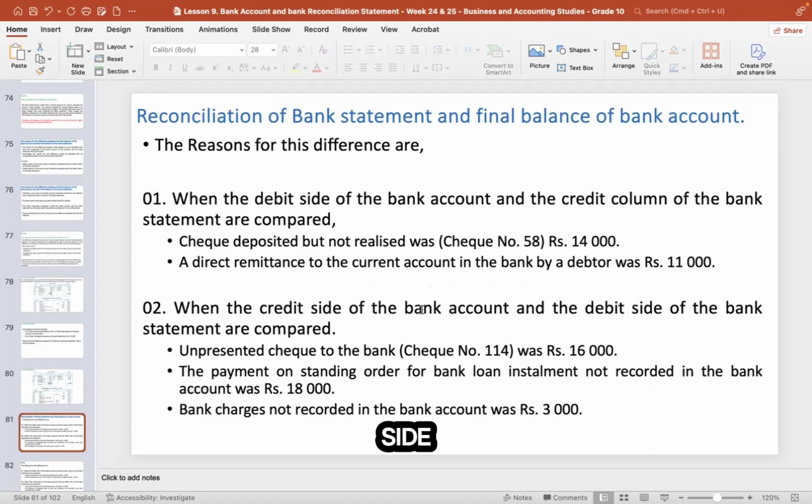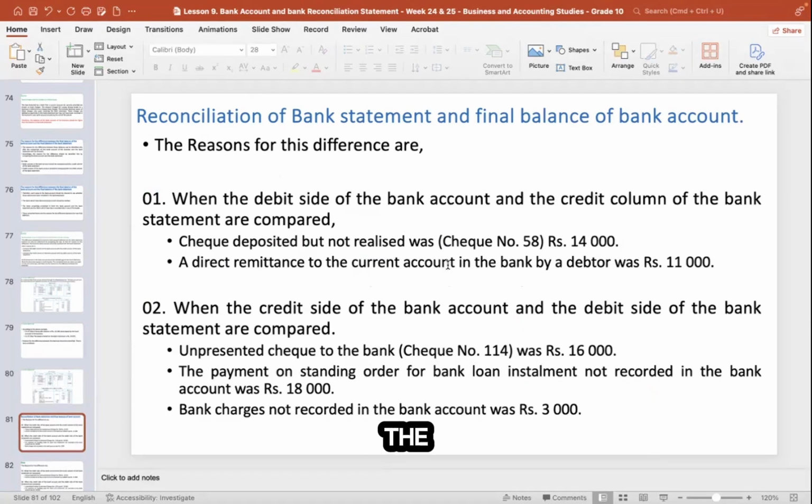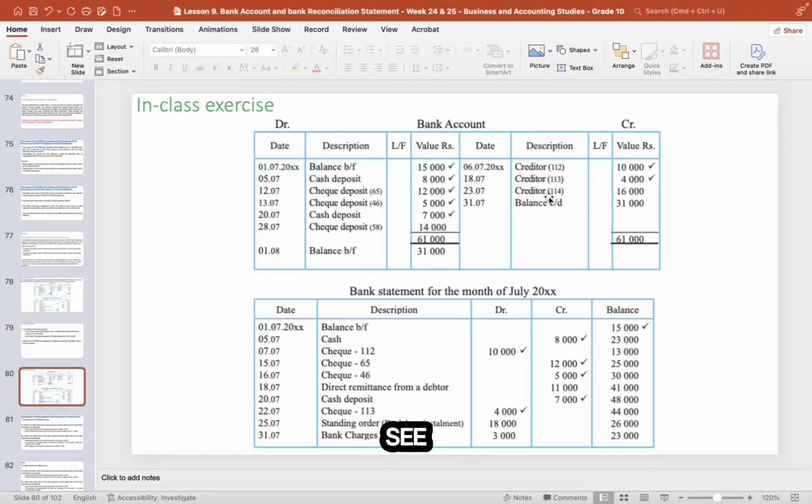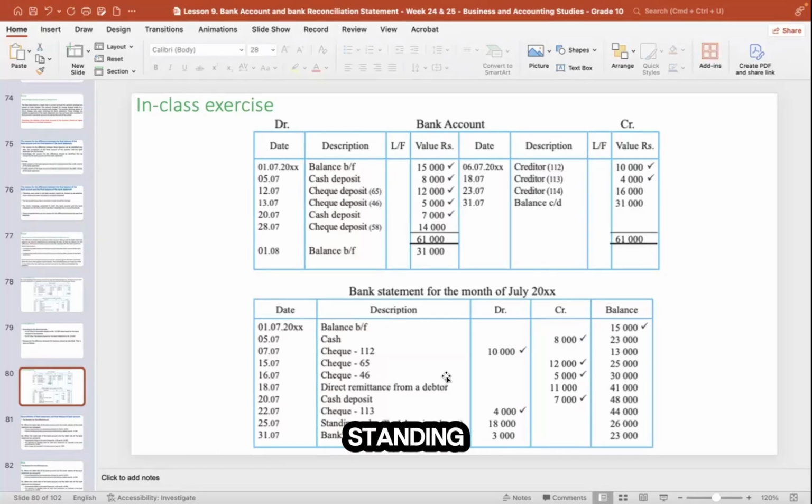And when the credit side of the bank account and the debit side of the bank statement are compared, we figure out another three reasons: unpresented checks, which is 16,000, payment on standing order 18,000, and charges not recorded 3,000. So you can see here the 16,000 check which is issued but not realized, and these two payments, 18,000 on standing order for the bank loan installment and 3,000 for the bank charge.